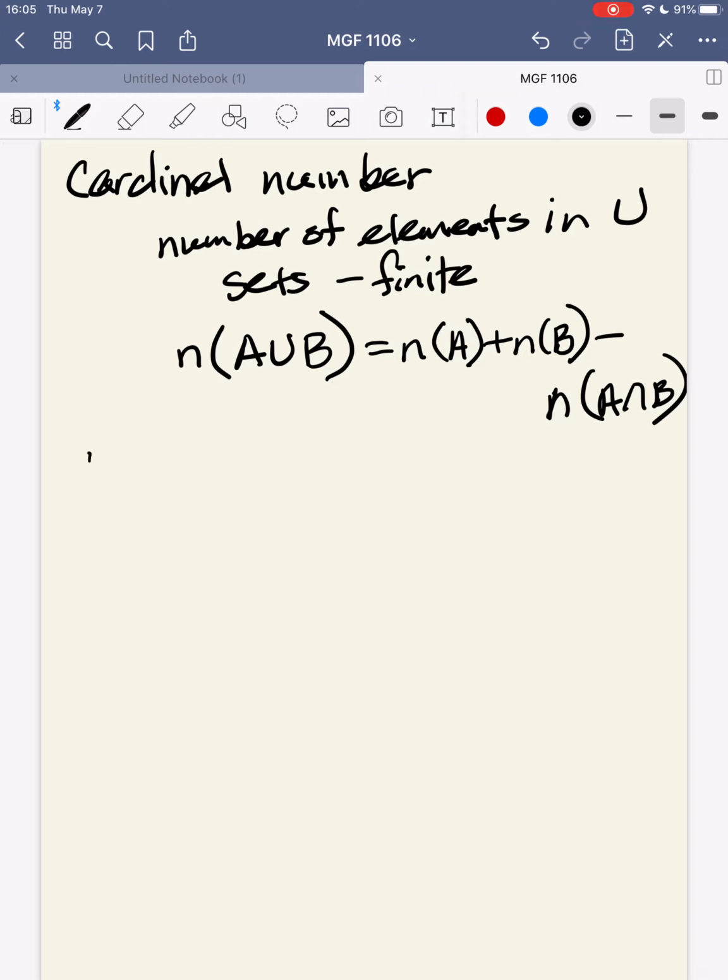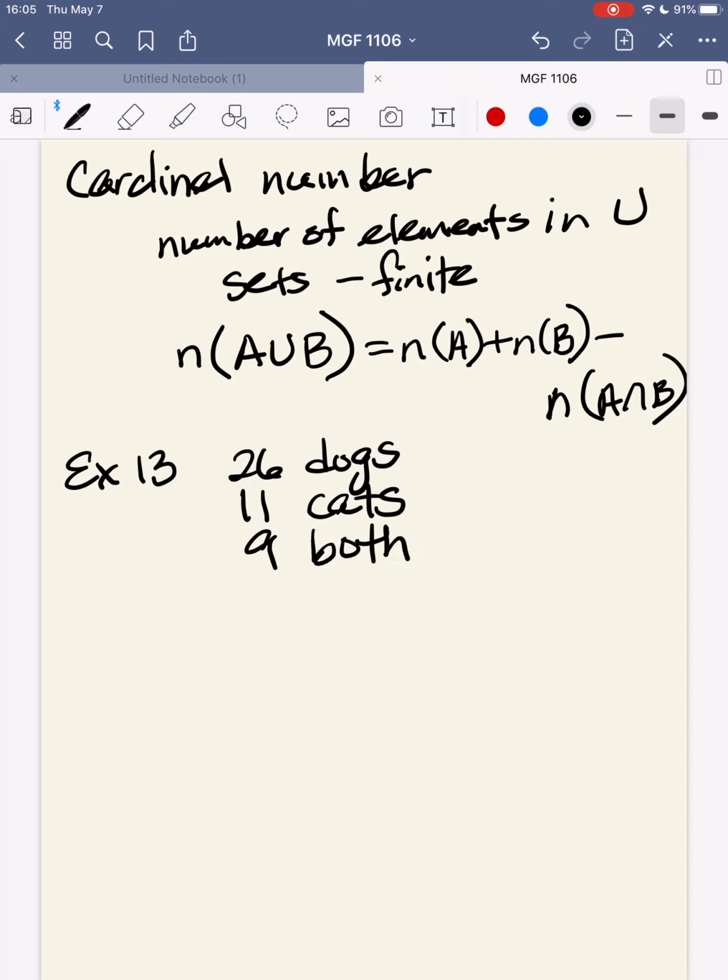So example 13, we have word problems. We have, among U.S. presidents in the White House, 26 had dogs, 11 had cats, 9 had both. Okay, so they're giving us these things in words. So the number of elements in A, 26.